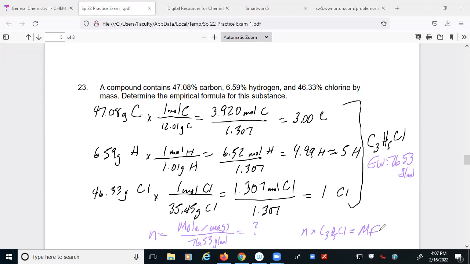And remember, N is always a whole number. So it's either going to be 1, 2, 3, 4, something along those lines. If it is fractional in any kind of way, that's either a telltale sign that we made a mistake or that we calculated the empirical mass incorrectly.